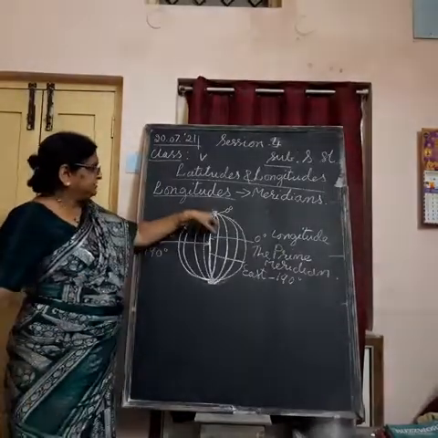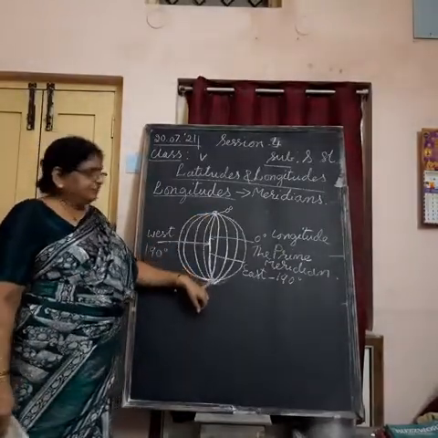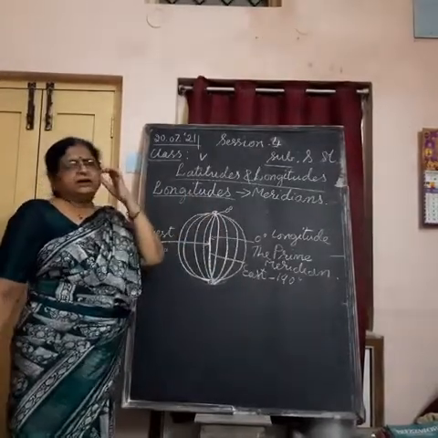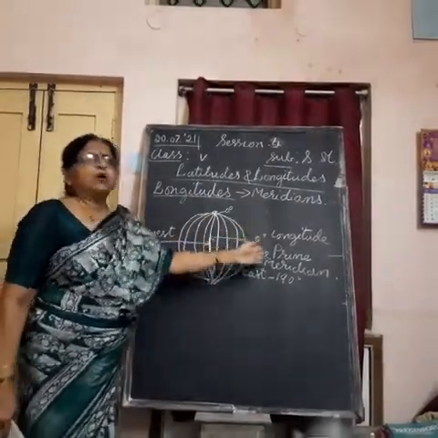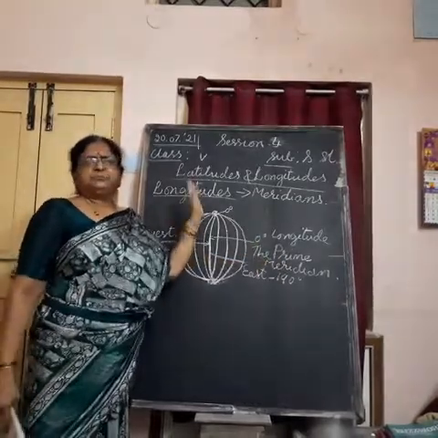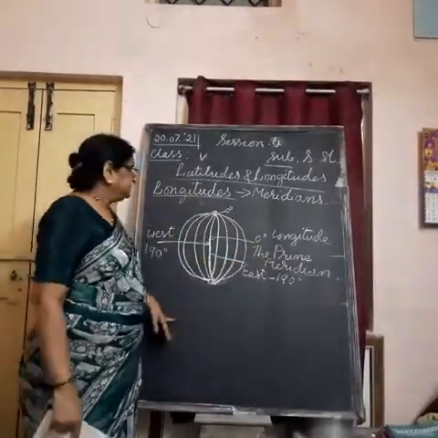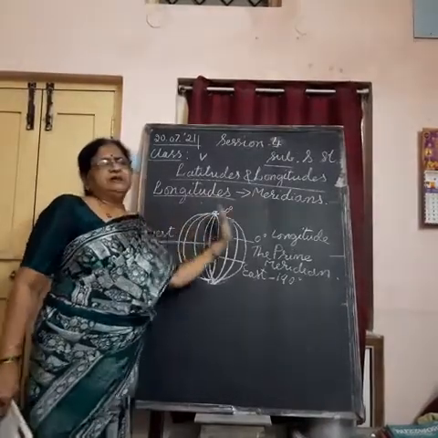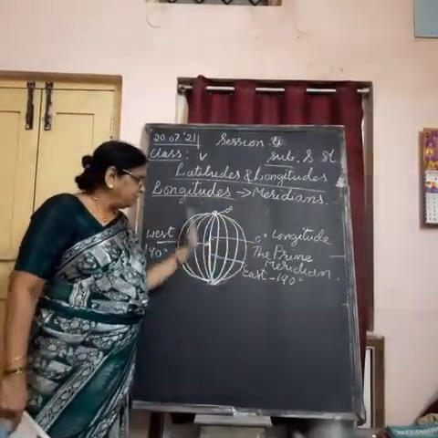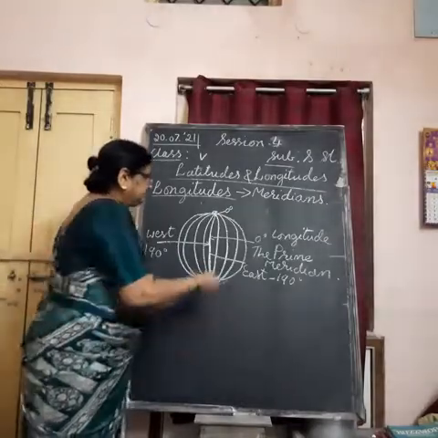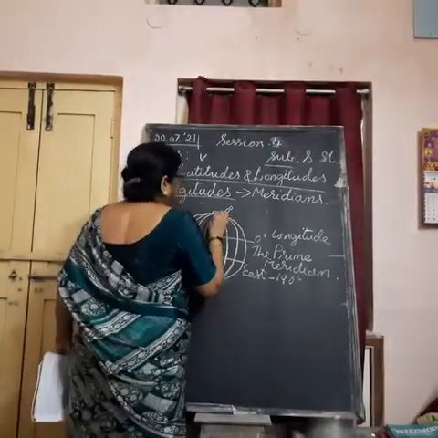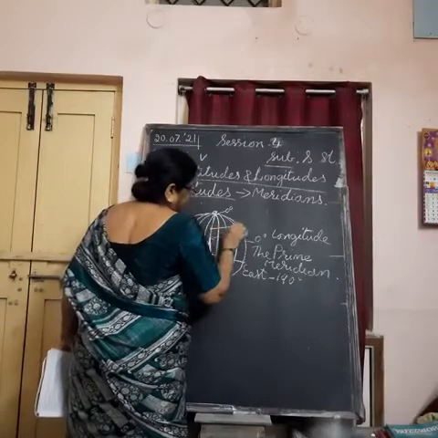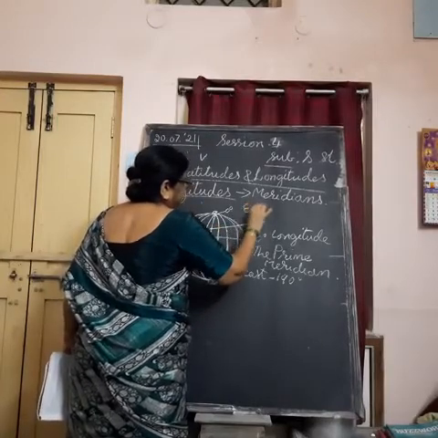This 0 degree longitude is called prime meridian. Like the equator divides the earth into northern hemisphere and southern hemisphere, in the same way this 0 degree longitude also divides the earth into two halves. From here, complete east, it is called the eastern hemisphere.